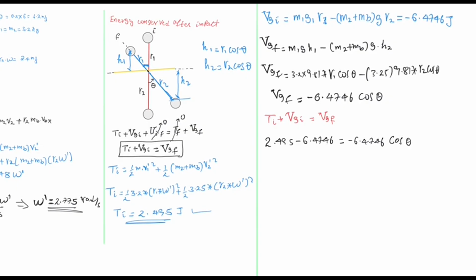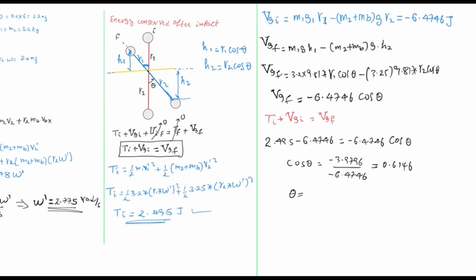So if you rearrange that, we'll get cos theta equal to negative 3.9796 divided by negative 6.4746, and finally it will be 0.6146.